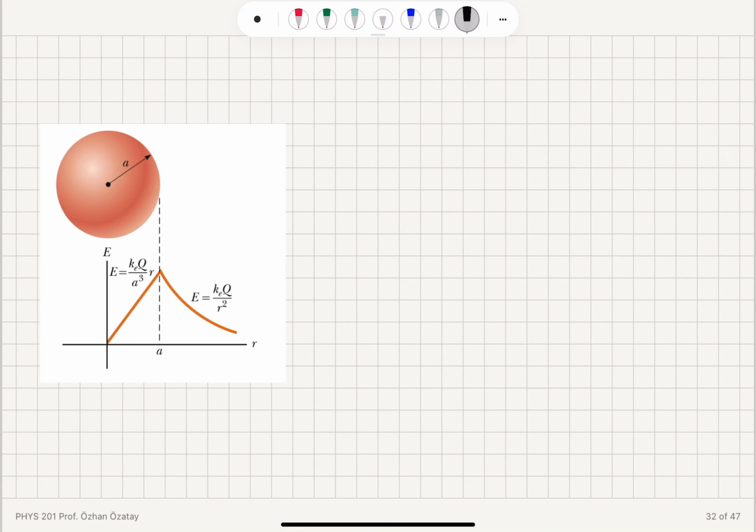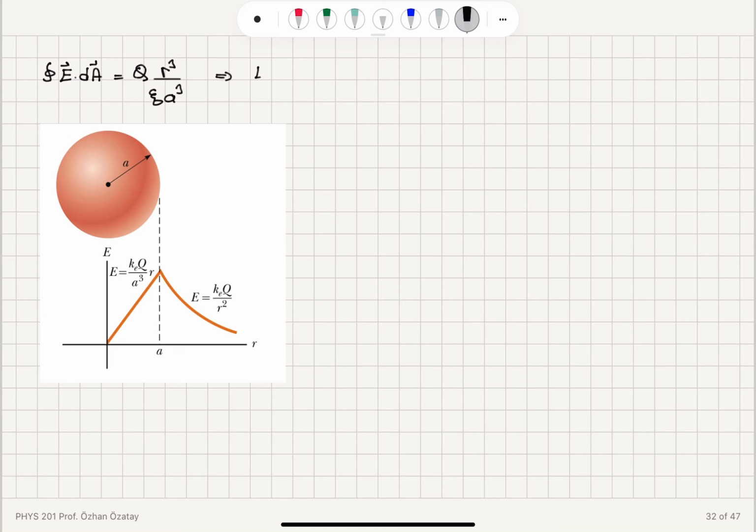If I continue here, the total flux, E dot dA through this closed surface, is due to the charge enclosed by this surface, q r cubed over epsilon 0 a cubed.